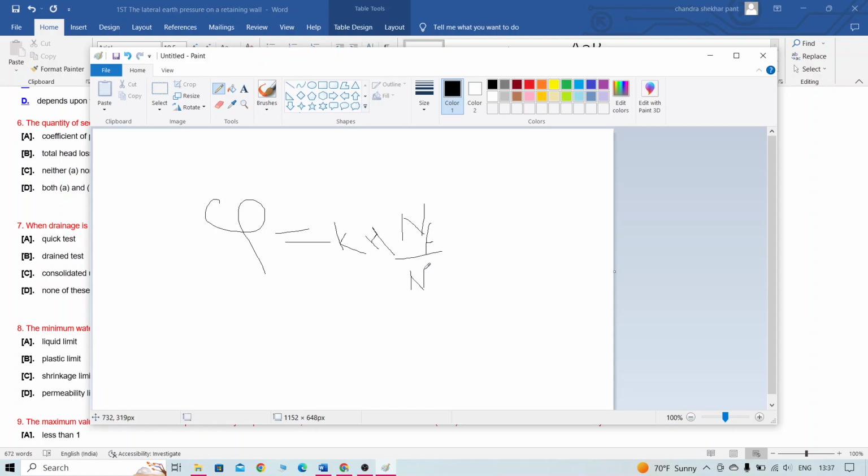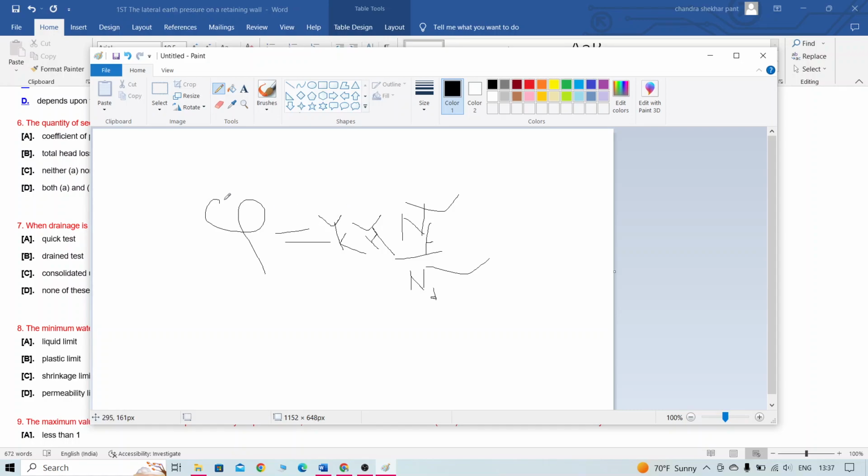Here k is the coefficient of permeability, h is the total head loss, Nf is the number of flow channels, and Nd is the number of drops.